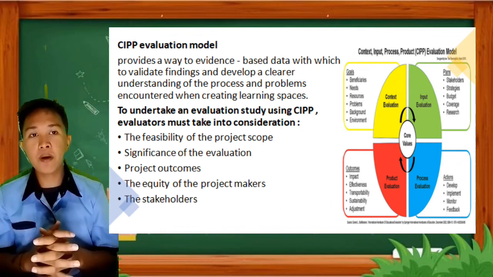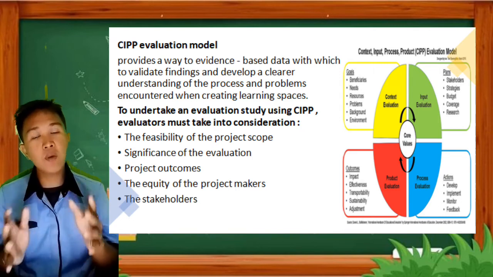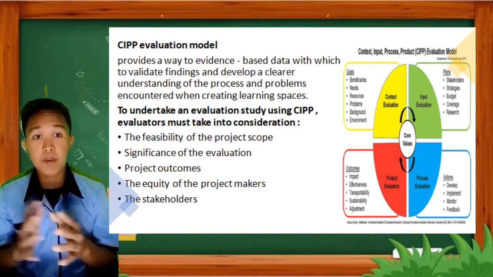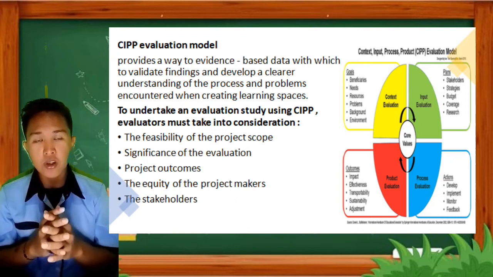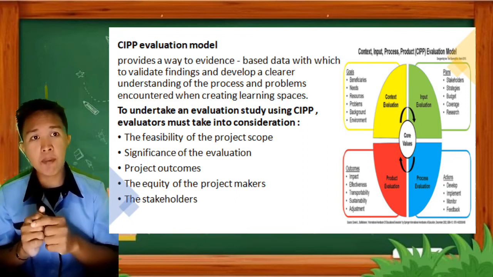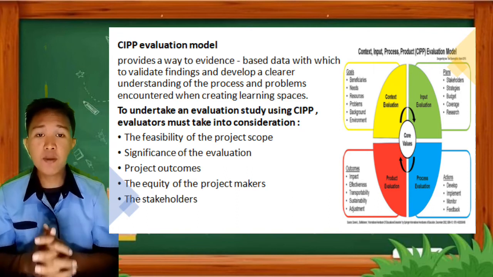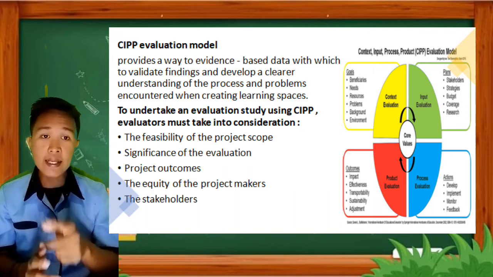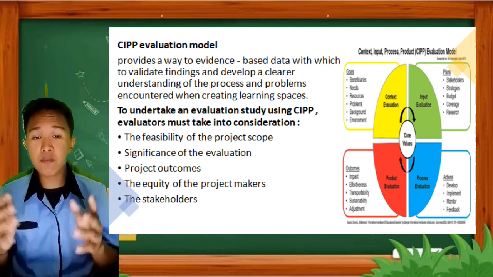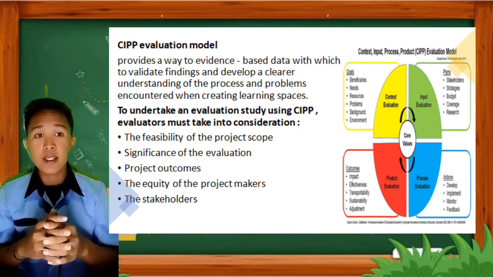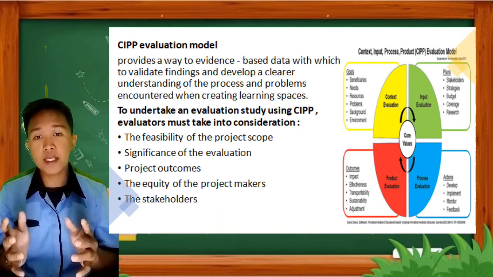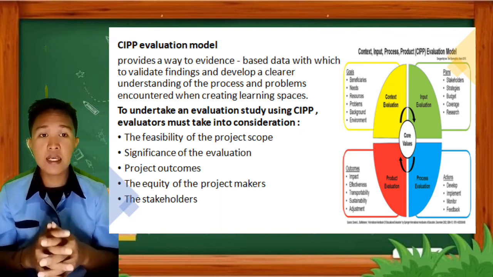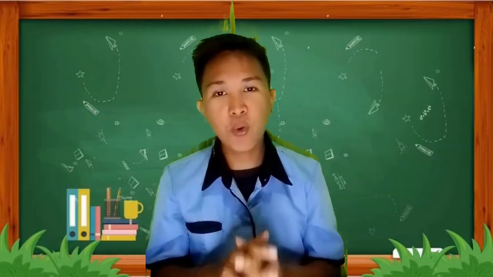Things to remember when you undertake an evaluation study using CIPP: the evaluators must take into consideration, first, the feasibility of the project scope. Next is the significance of the evaluation. Third is the project outcomes. Next, the equity of the project makers. And lastly, the stakeholders.